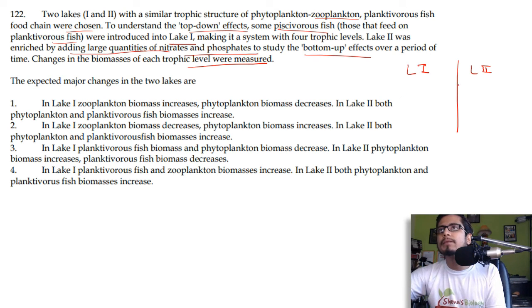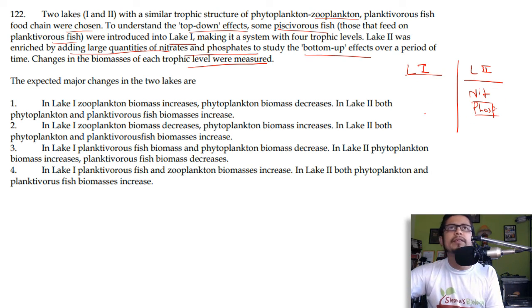So we have Lake 1, we have Lake 2. In Lake 1, what we do, we introduce piscivorous fish, right? In Lake 2, we enrich it with nitrate as well as phosphate.